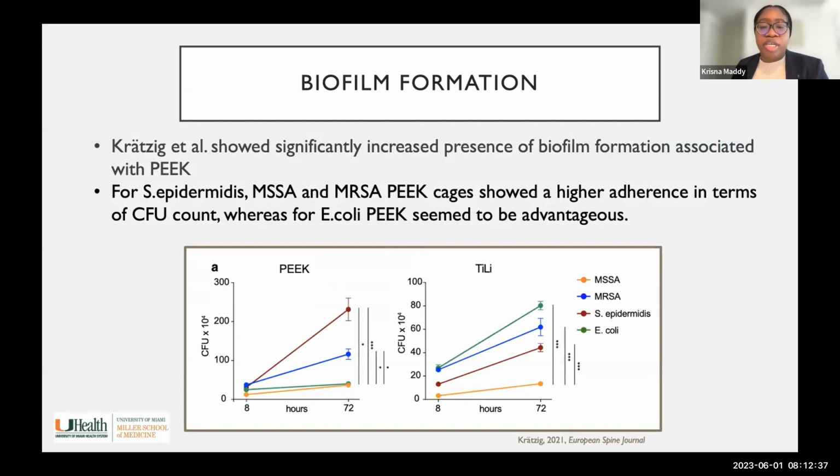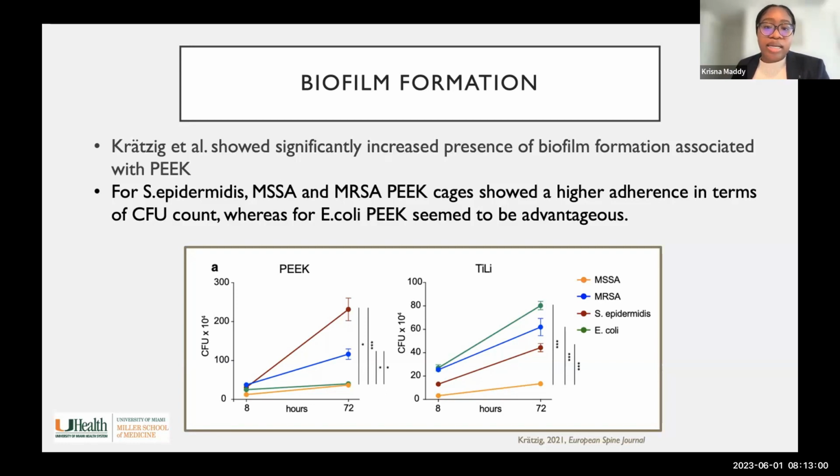First being biofilm formation, which is going to be the biggest fear when we're introducing foreign material into a patient with already existing infection. Interestingly, Kregitz et al. showed that there's an increased presence of biofilm formation associated with PEEK cages in particular. And even further than that, certain material types can be associated with higher rates of growth with certain organisms.